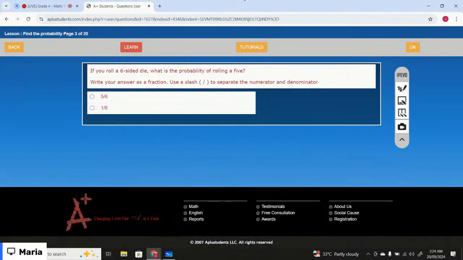If you roll a six-sided die, what is the probability of rolling a 5?